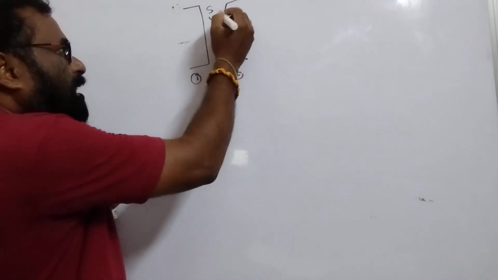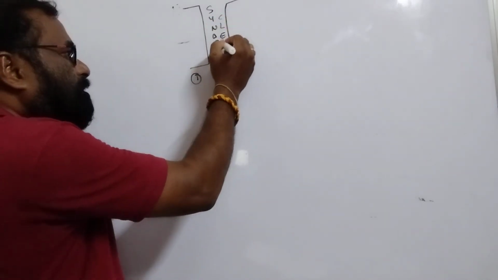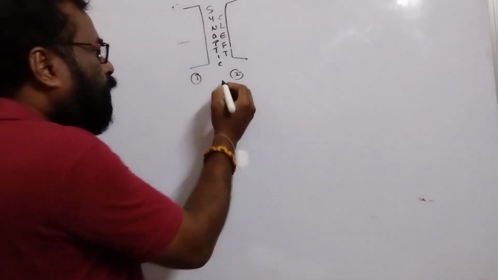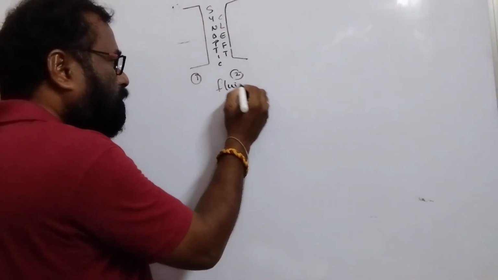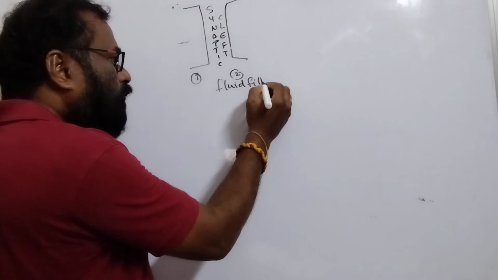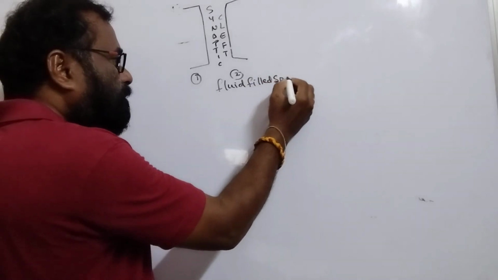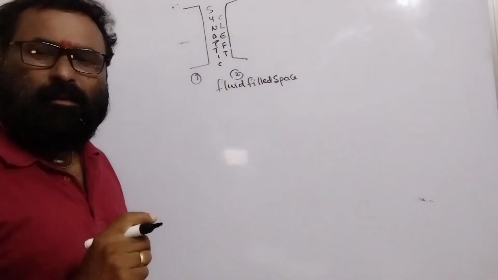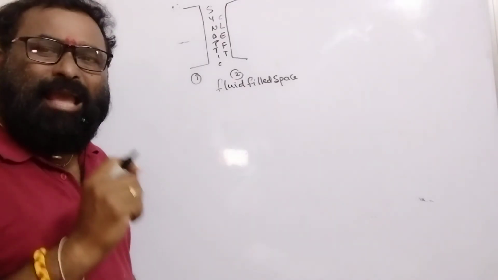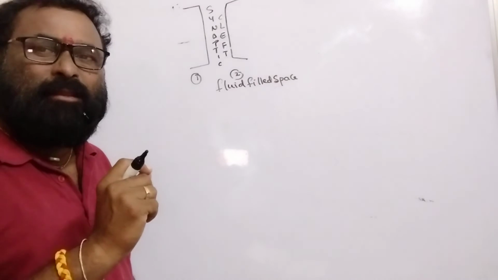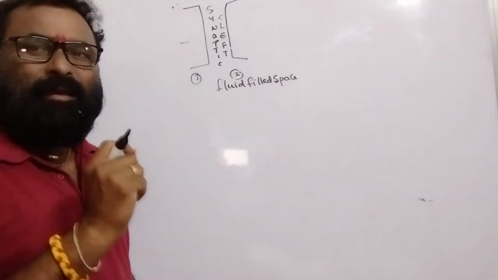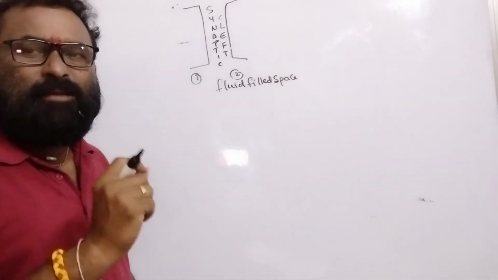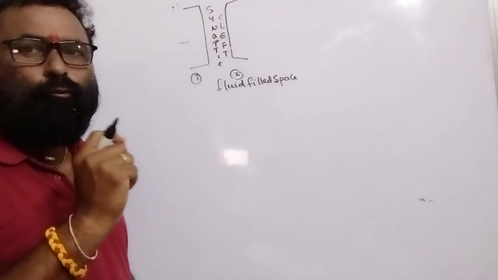The synaptic cleft is a fluid-filled space. Again I am saying, the structural gap and functional bridge between the two neurons is called the synaptic cleft. It is a fluid-filled gap.